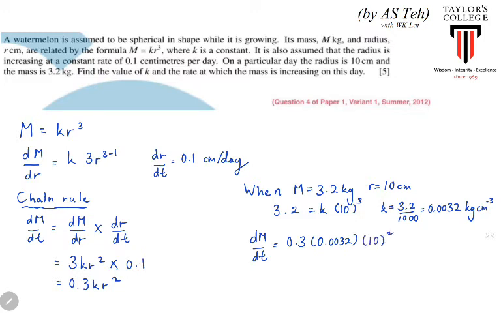Notice that I've not converted centimeters to meters, because the question only requires it to be in centimeters, so the units are consistent. Doing this multiplication, what I get is 0.096 kgs, and the unit for time is per day.